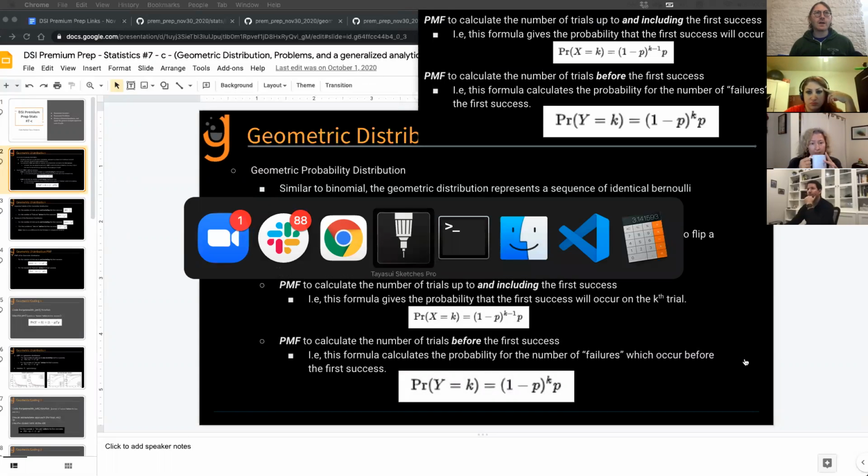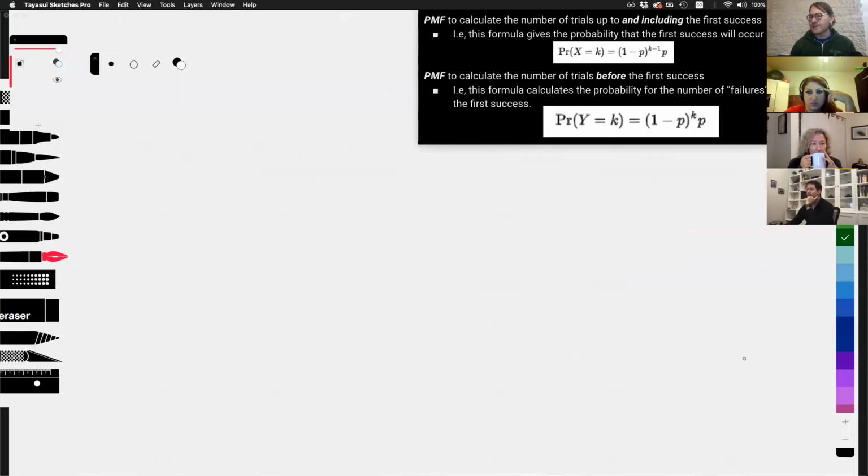And let me pull up this. So yeah, let's think about this. An easy way of thinking about the geometric distribution: you're flipping a coin, and it's a fair coin. What is the probability that you're going to get heads on the 5th trial, for instance? So what does that mean?